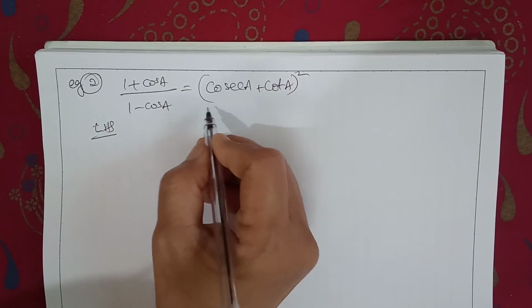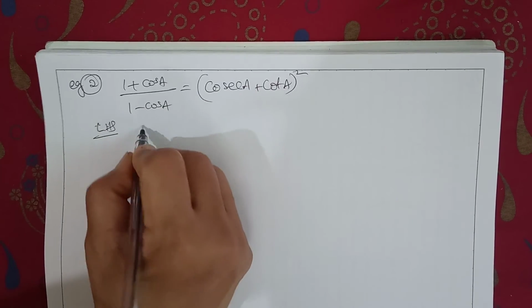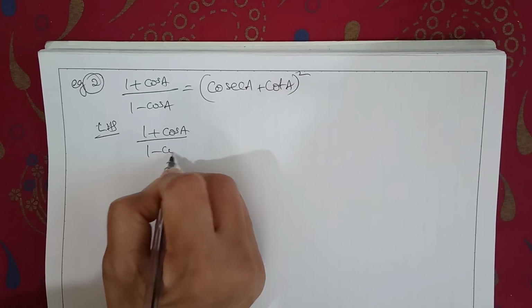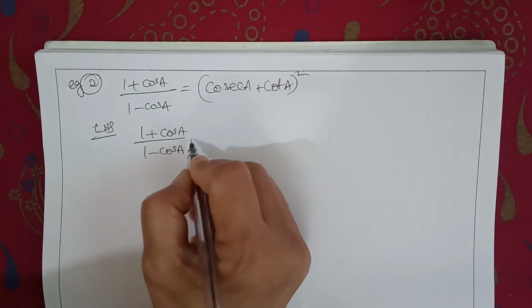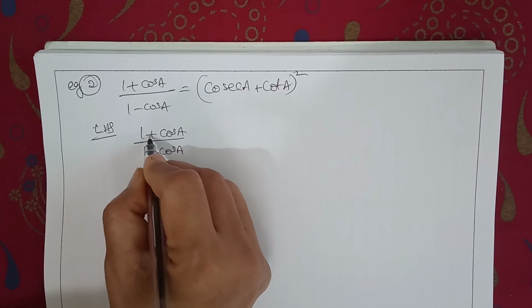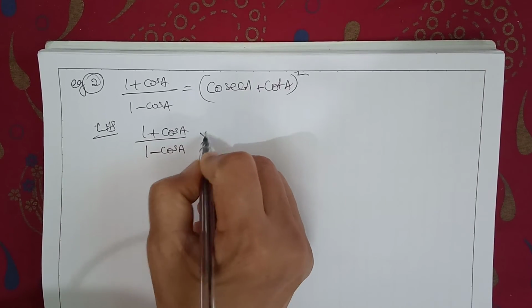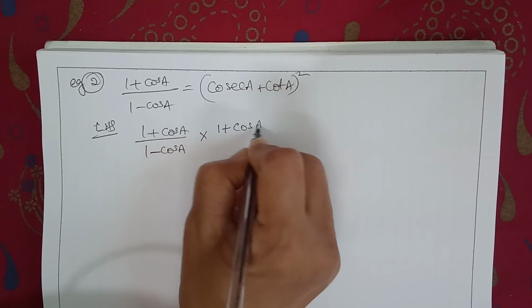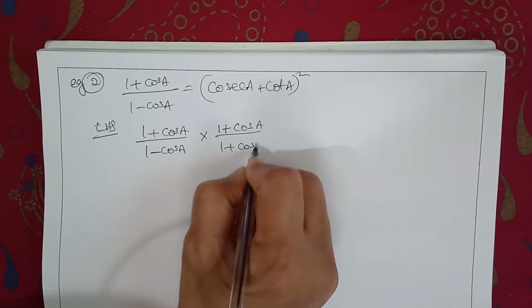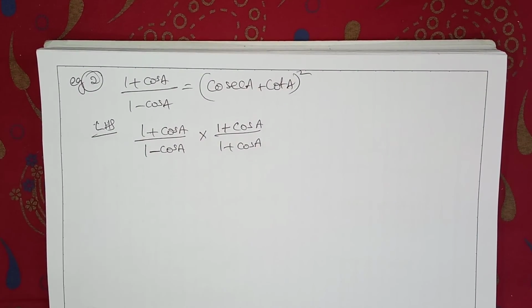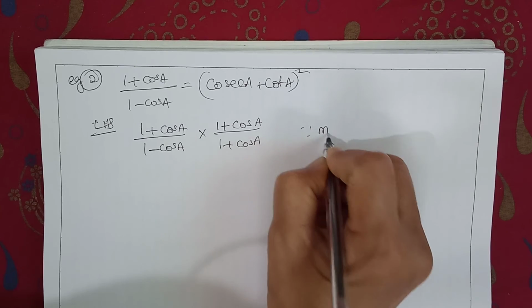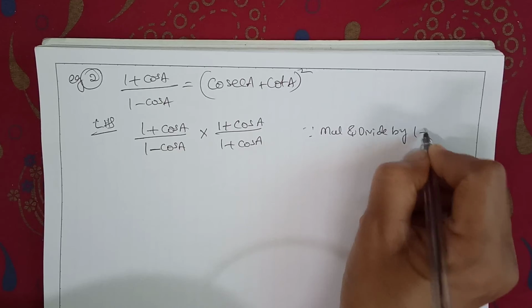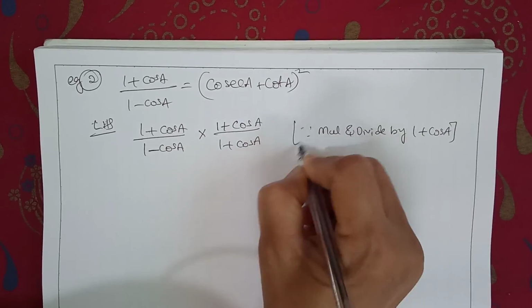So children, 1 plus cos A by 1 minus cos A. Here this is minus, this is plus. Now we can do one thing: multiply and divide by 1 plus cos A, or you can say the conjugate.